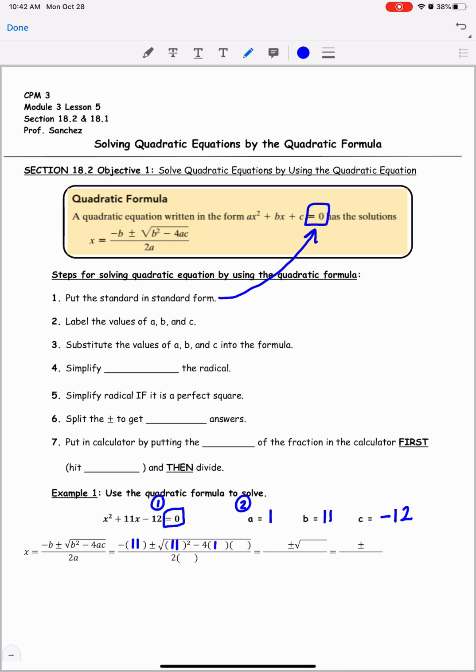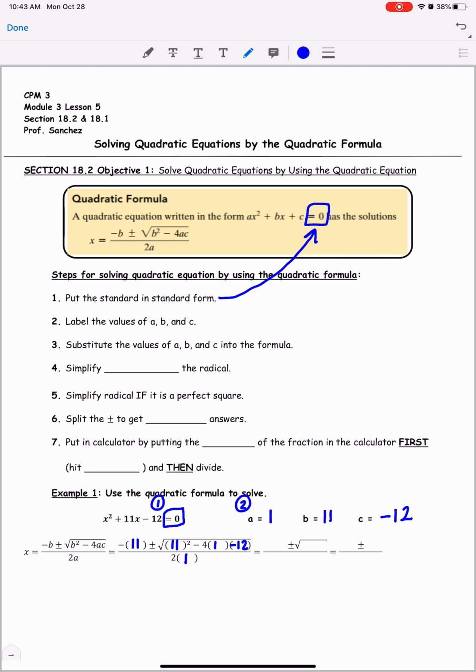Times c. My c is negative 12. So that negative goes with it. And then all over 2a. So my a is still 1. So you are plugging in 1 twice, b twice, and then c once into your formula.